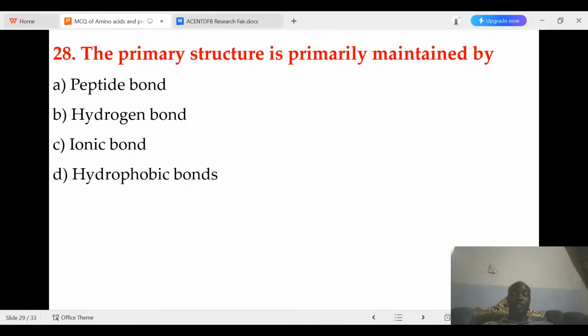What is the answer for question 28? I need the answer for question 28.